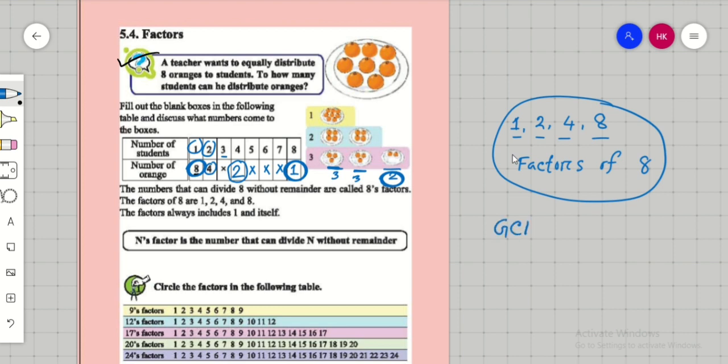So what does GCF mean? GCF means greatest common factor. Another name of this is HCF, that means highest common factor.